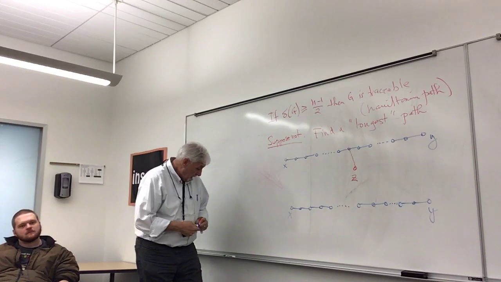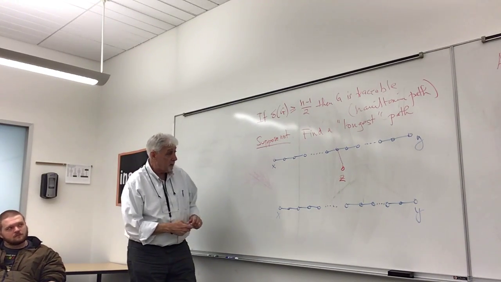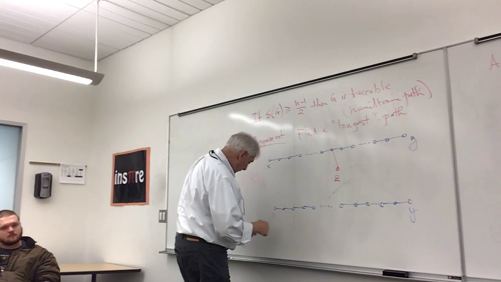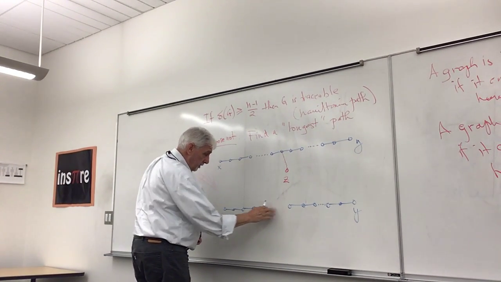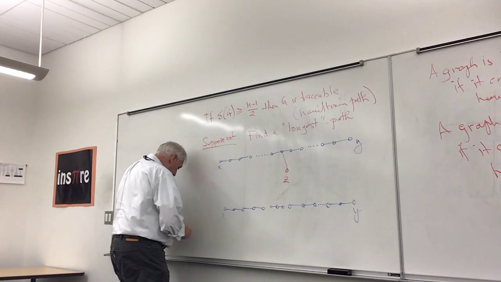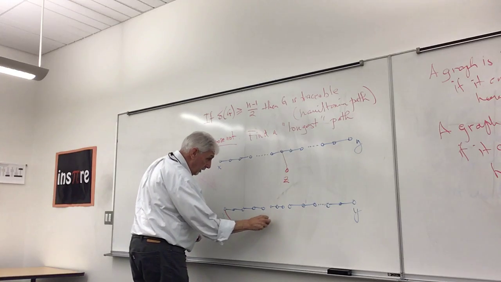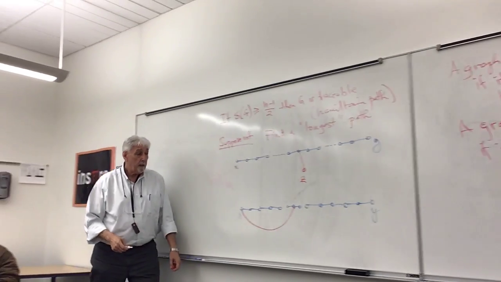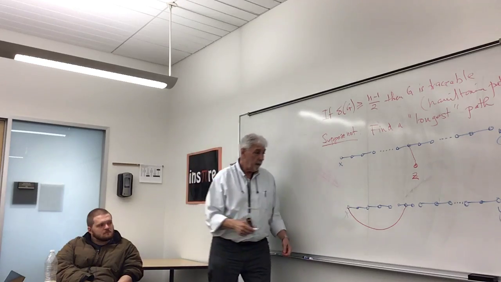Okay, so here's what I want to do. I want to look at all the adjacencies of x. Let me put a path in the middle, just for the heck of it. Here's some more points. It's a lot of points. Here's an edge. X is adjacent to that vertex right there. You can give it a name.